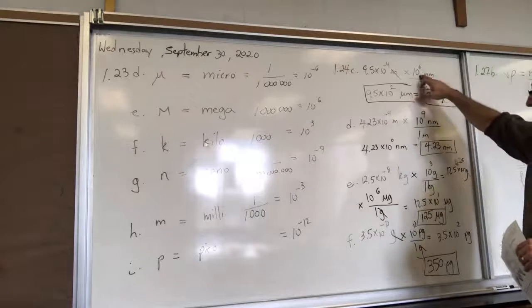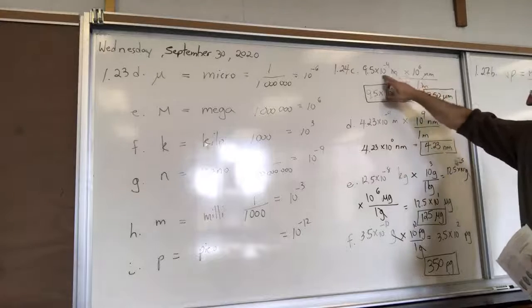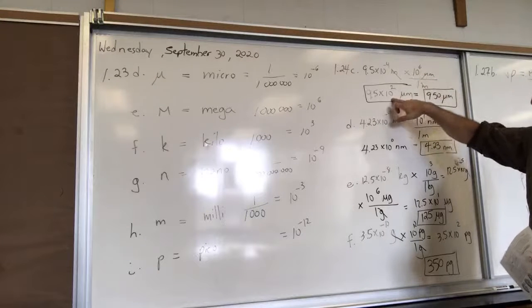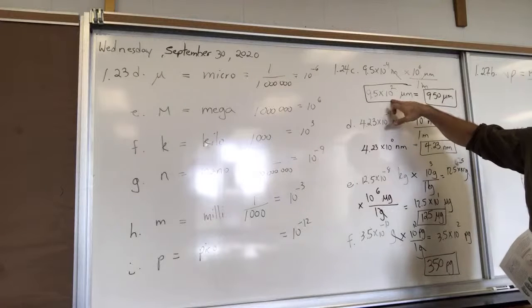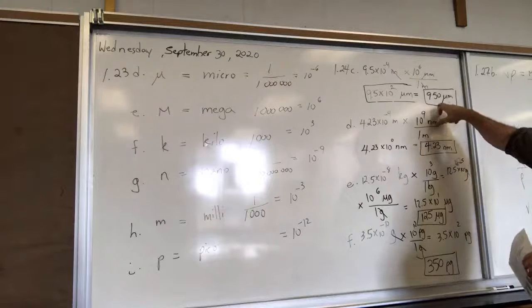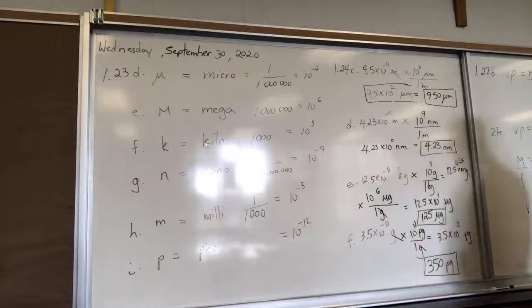So I multiplied by 10 to the 6 micrometers per meter. That allowed me to cancel meters. And when I multiplied these two powers, 10 to the negative 4 and 10 to the positive 6, I got 10 to the positive 2, which is another way of saying 100. So 100 times 9.5 gives you 950 micrometers. And that's how you answer that question fully.